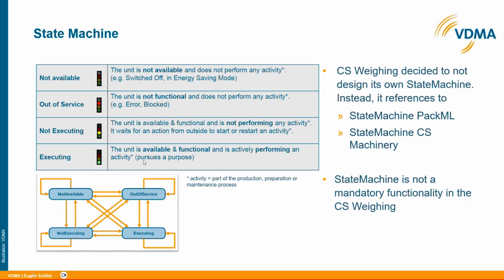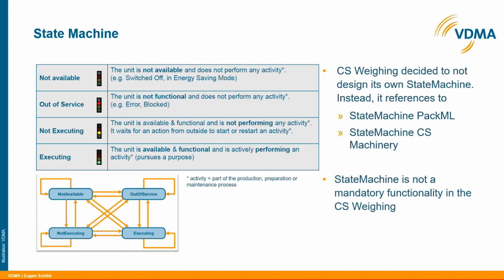I copy-pasted them from the companion specification machinery presentation that was done, I think, about 2 weeks ago already. I do not intend to explain the state machine itself. I think this is the simplest version here. It's quite self-explaining.